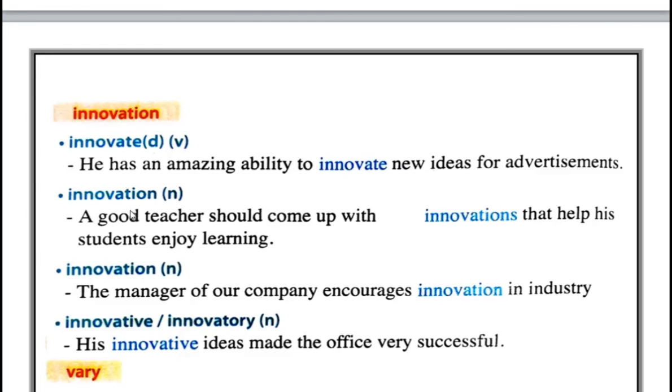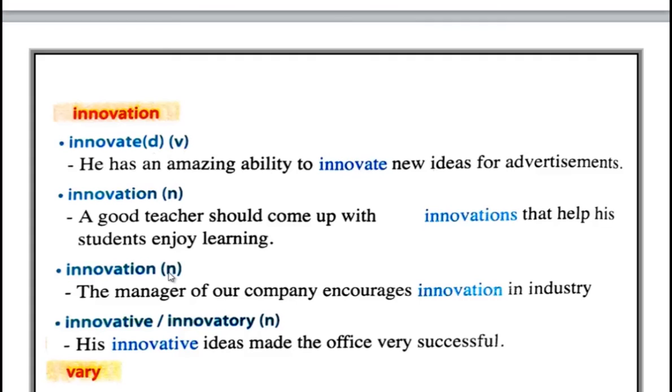Innovation here also: a good teacher should come up with innovations. He should be a creative teacher. He should introduce innovative ideas that help his students enjoy learning.